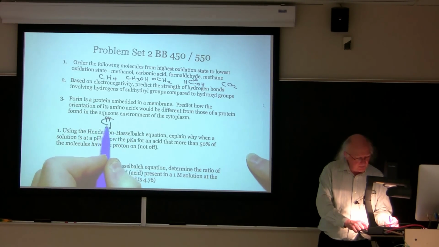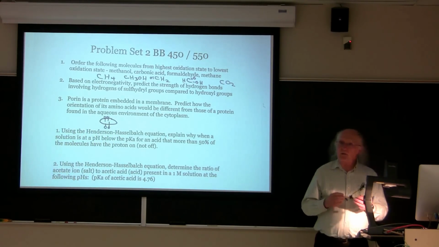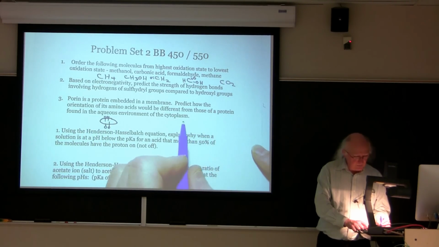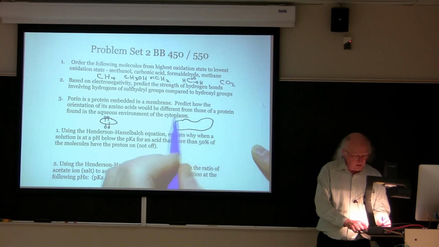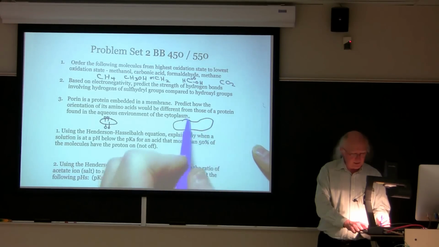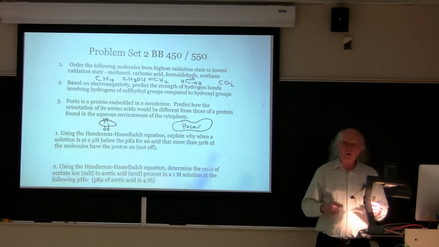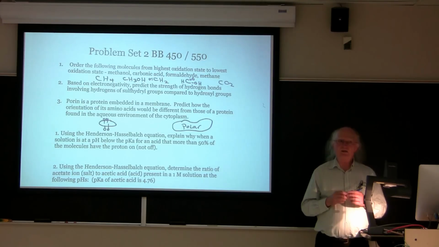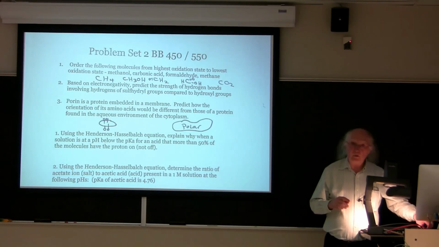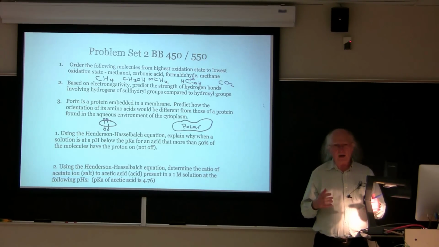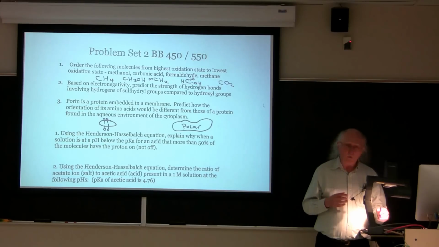And this portion of the membrane where the tails are is very nonpolar. Whereas if we have an aqueous environment out here, that aqueous environment of the cytoplasm is all polar. So a protein that's embedded in a membrane is going to be exposed to nonpolar molecules, unlike a protein that's dissolved in water.